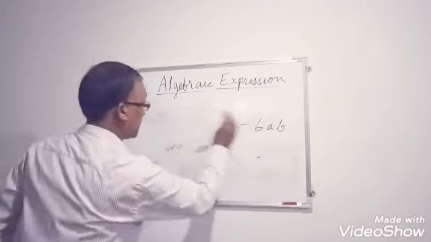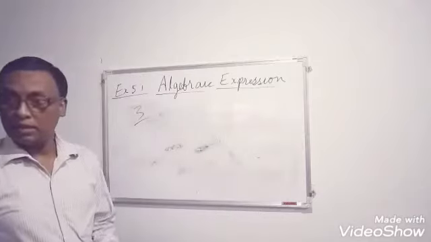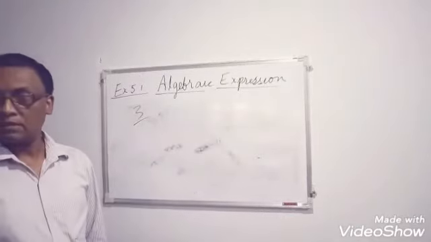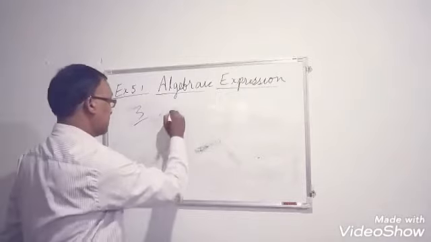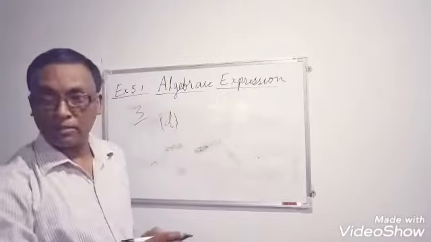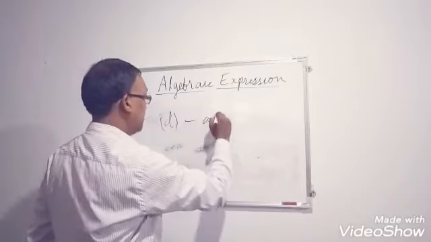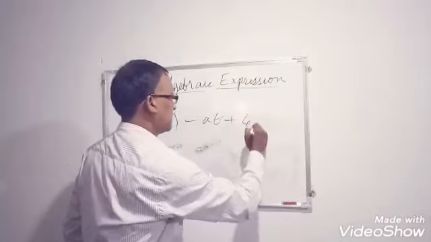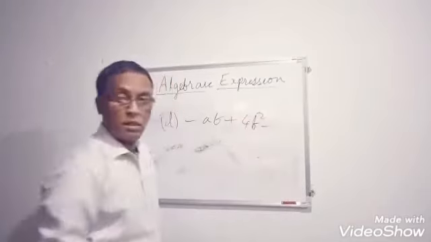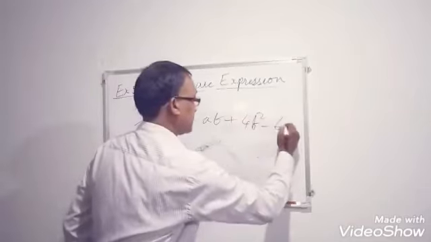So in the same way, we have to proceed with the sums like question number 3a. Same way, the last sum also I'll show you. Question number d. If you see question number d, minus ab plus 4b squared minus 6a squared.